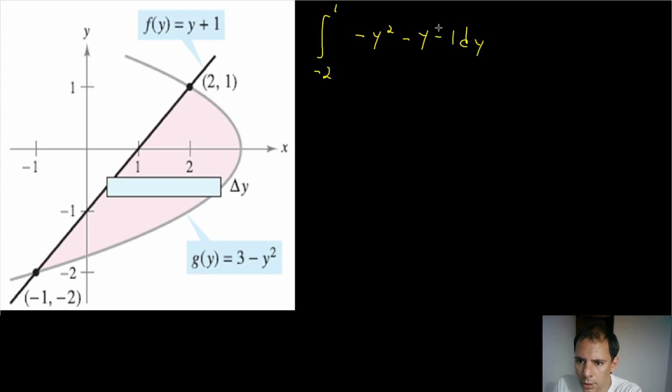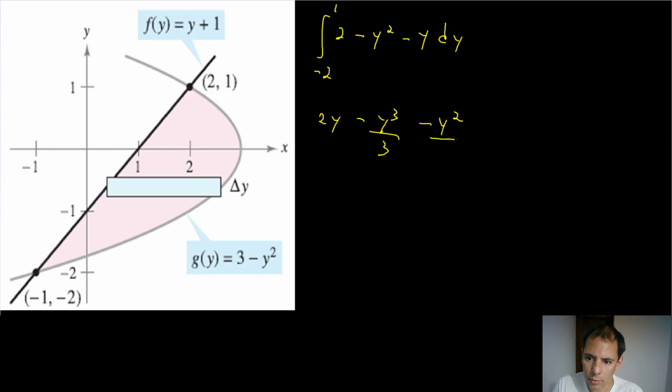I'll put a 2 here. Okay, let's integrate. It'll be 2y minus y cubed divided by 3 minus y squared divided by 2. And we're integrating from minus 2 to 1.